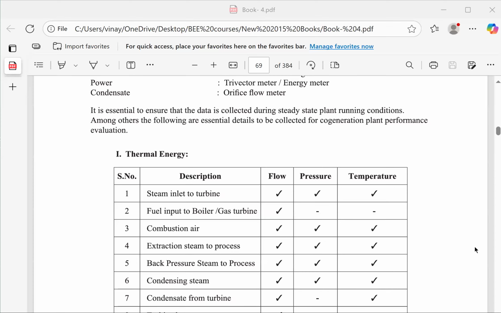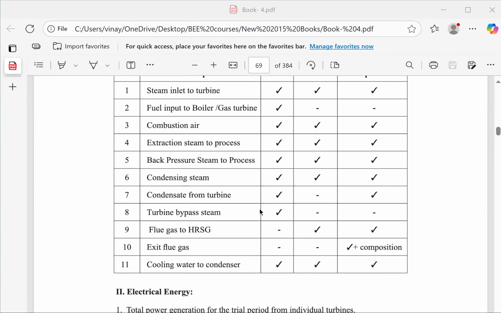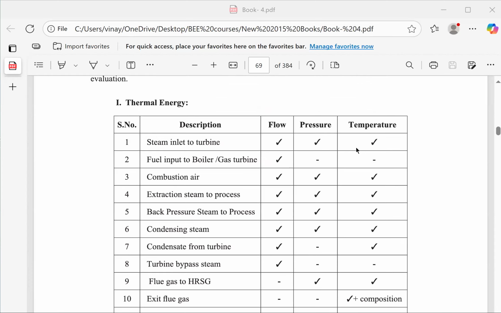Condensate from the steam is always two parameters. There is no need to measure the pressure because the condensate coming from the turbine is at vacuum pressure. Turbine bypass steam, again, how many kgs it has bypassed, that you have to measure.